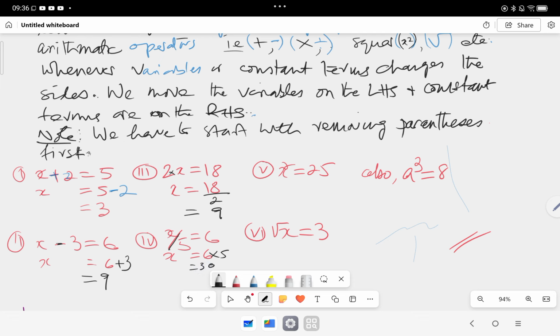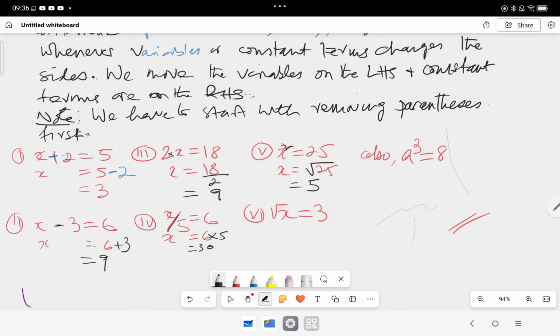A square, so x squared is 25. This square sign will change to a square root, which will give us 5. And a square root, same idea, square root of x is equal to 3. We change this square root sign to a square and take this one off. So a square will give us 9.